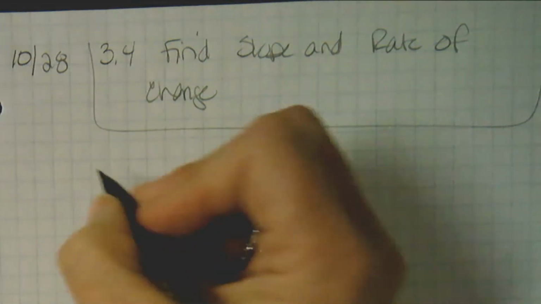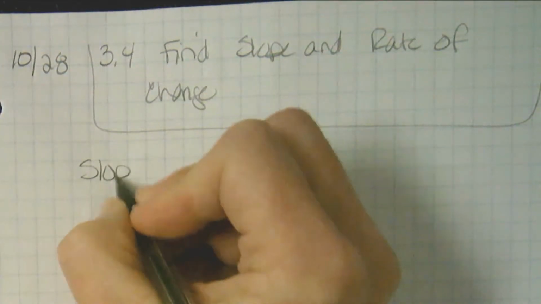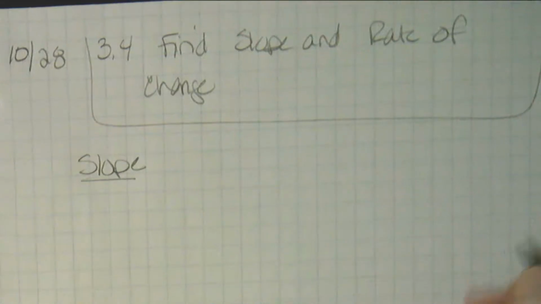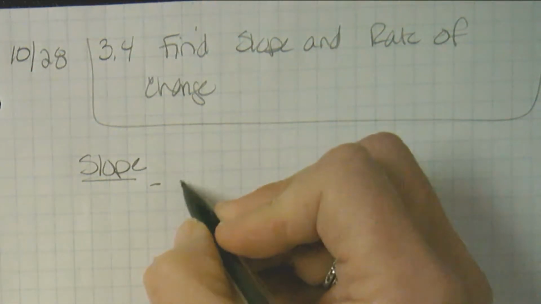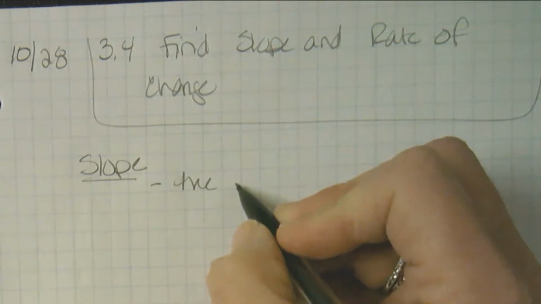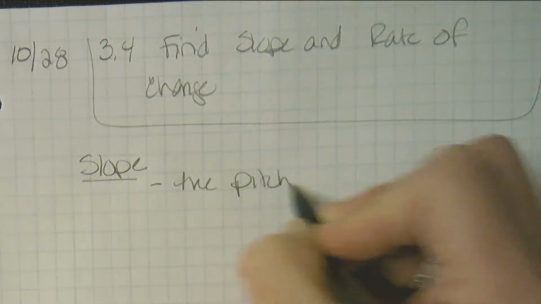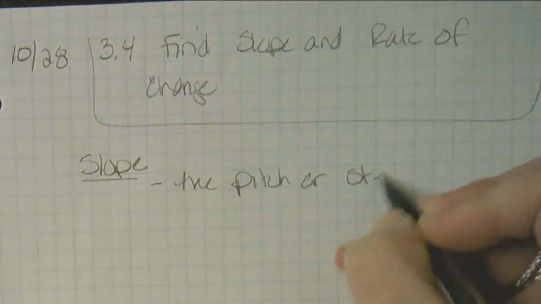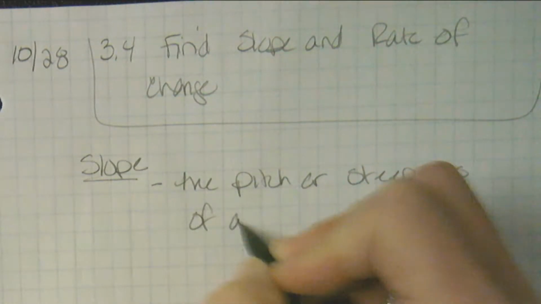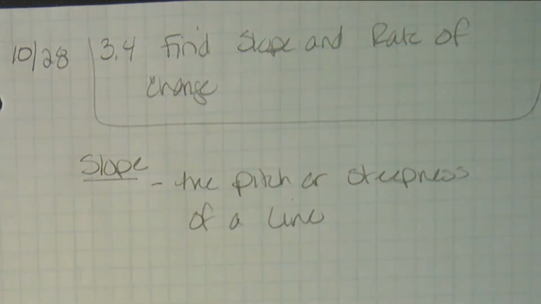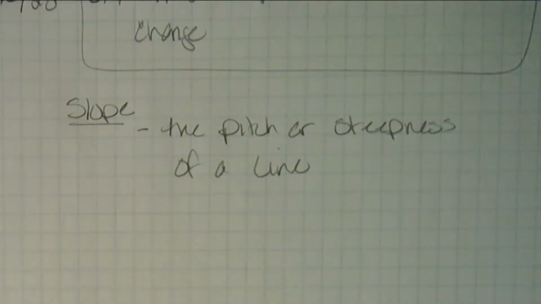Okay, when we talk about slope, it's the pitch or steepness of a line. It's the pitch of a line or the steepness of a line.